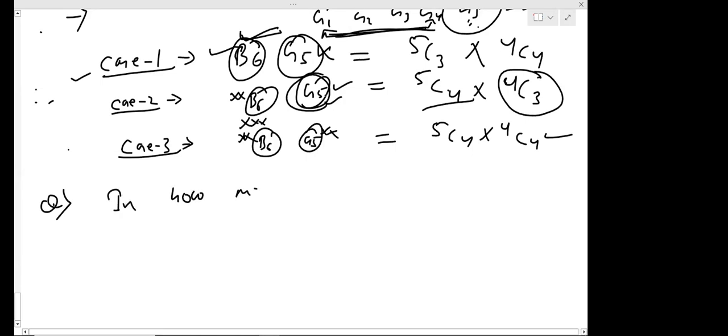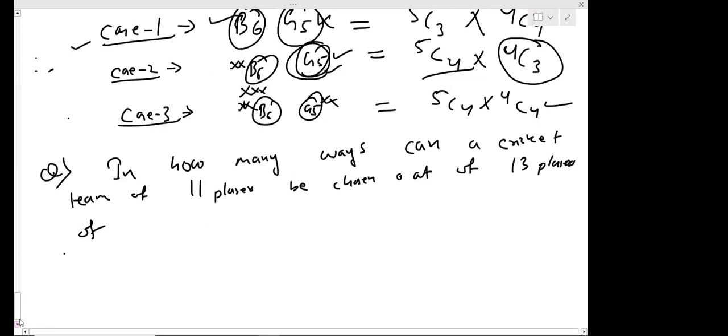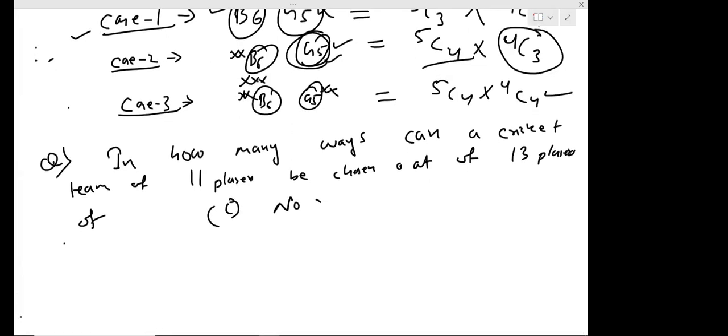In how many ways can a cricket team of 11 players be chosen out of 13 players if no restrictions are there?